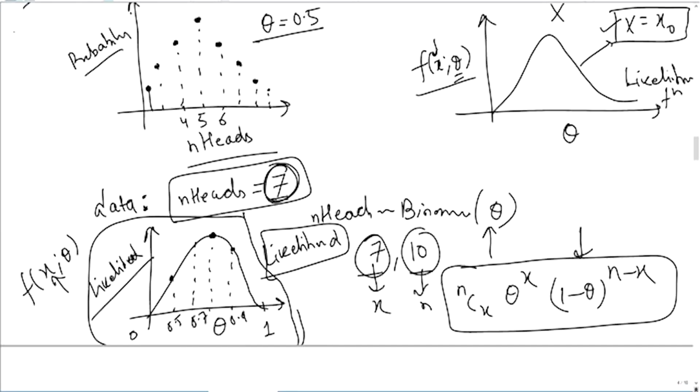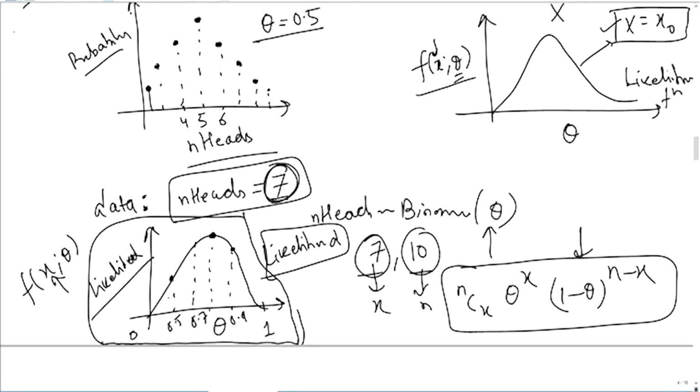This likelihood function takes care of that. Basically, it is giving you uncertainty in the parameter estimate. It is not telling you a point value of theta, it is telling you a whole distribution, which values of theta are more likely, which values of theta are less likely. So, it contains the uncertainty around the parameter estimate.